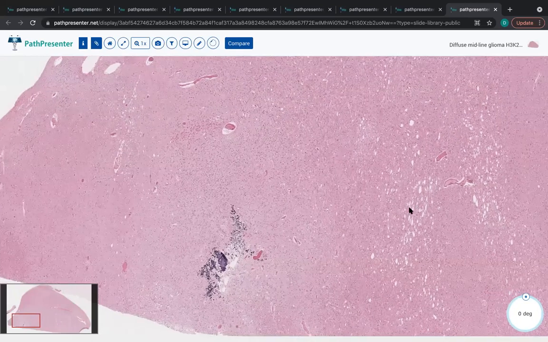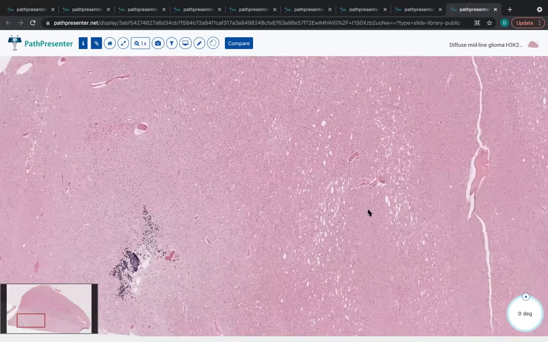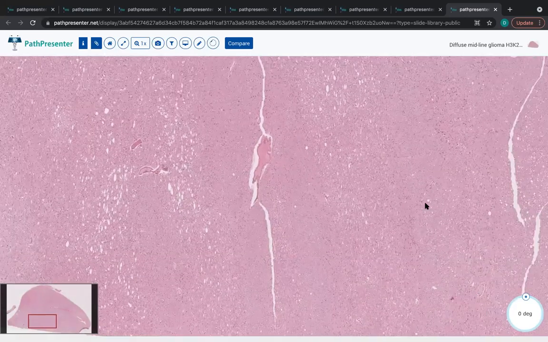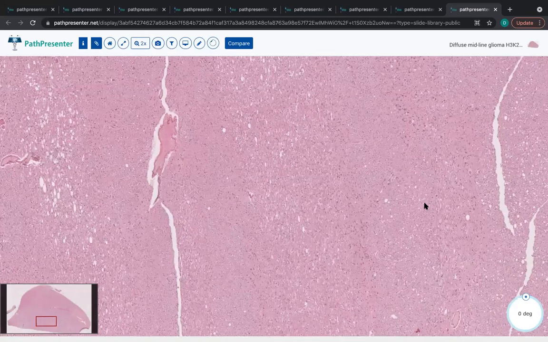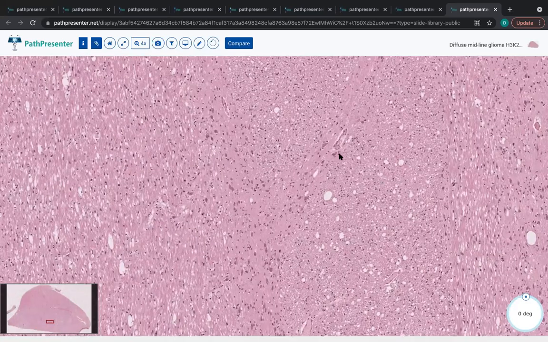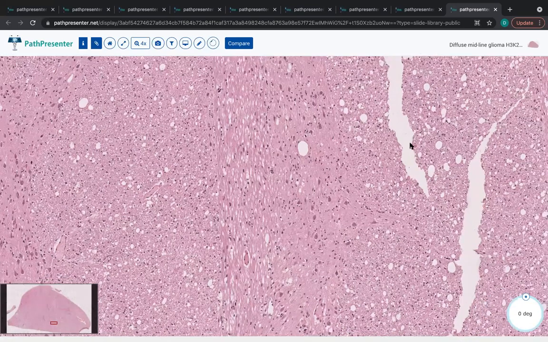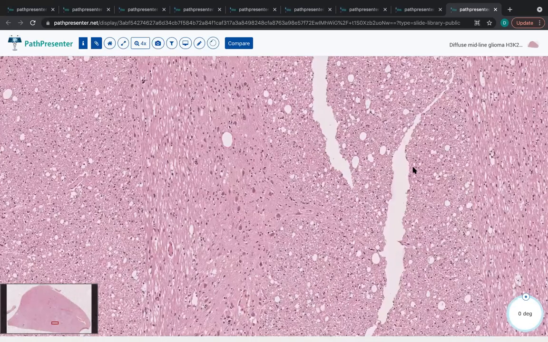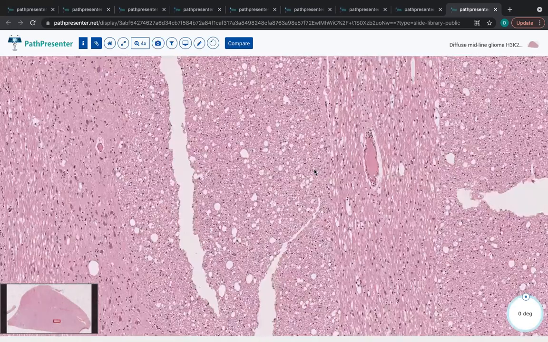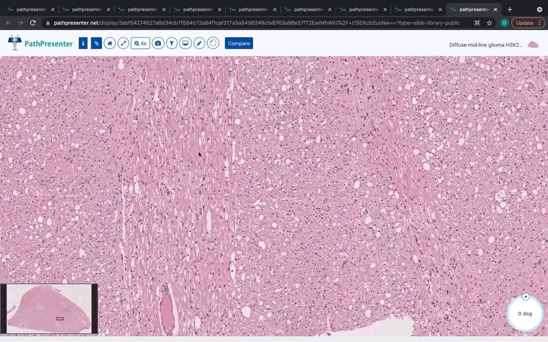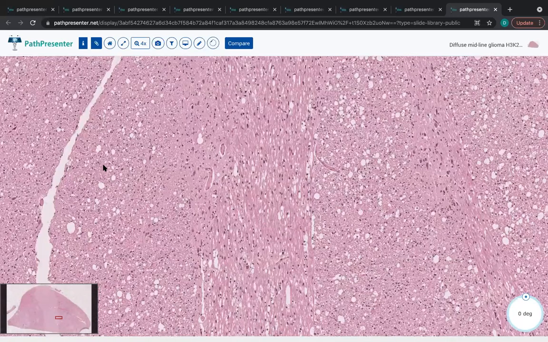We now refer to all such tumors as diffuse midline gliomas, indicating that they are diffuse gliomas, so they're infiltrating through normal structures. They're present in midline structures such as brainstem, spinal cord, cerebellum, and the thalami can be involved as well. And all of these tumors have the common histone 3 K27M mutation.